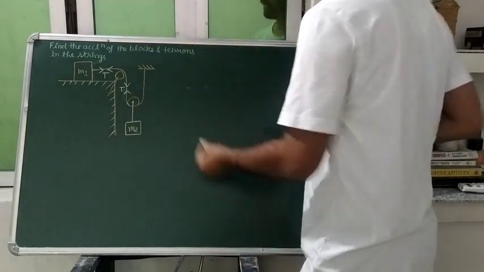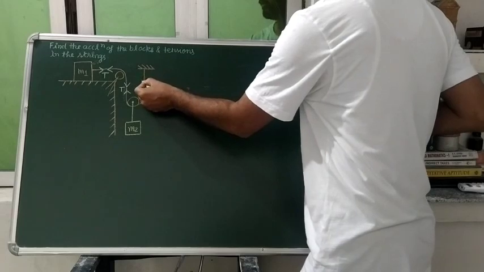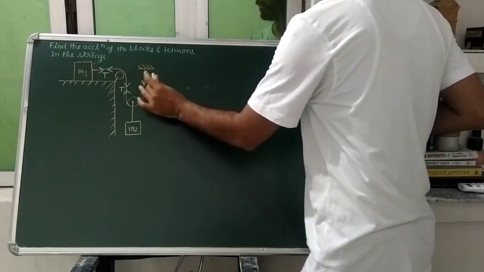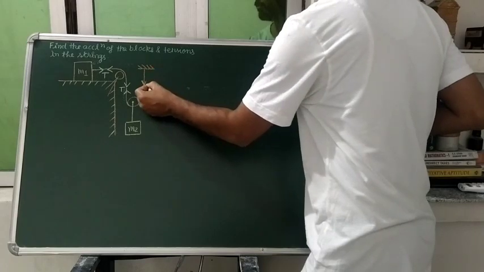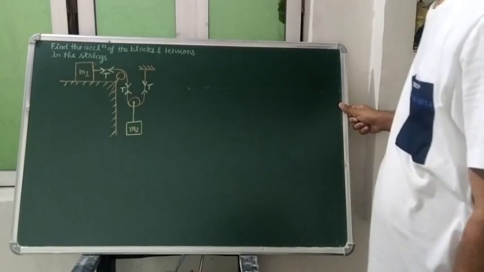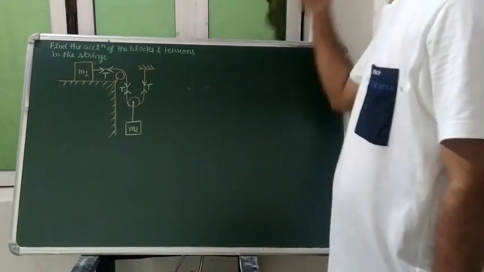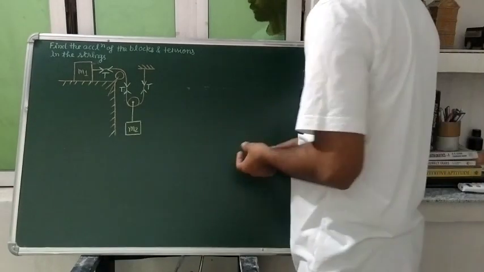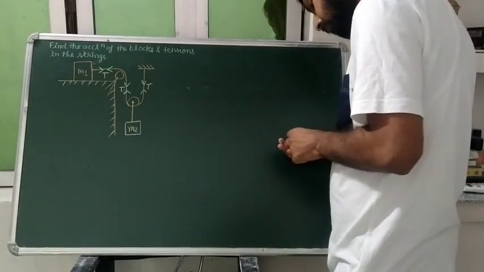For this object of interest, the tension will be along this string and it will have the pulling effect like this. And in the same way here, since the pulleys are frictionless and massless, here also the tension will be the same. And for the different objects of interest, they will have opposite directions.